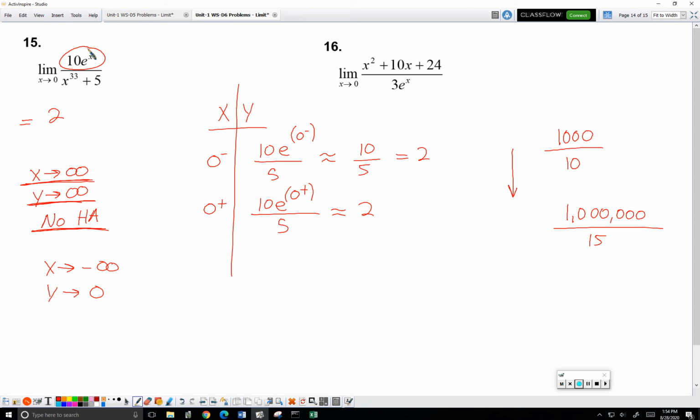So they actually overwhelm the 5. So the top's really close to 0, the bottom's really negative. Who cares? If the top's close to 0, the whole thing is headed towards 0. So this one has a horizontal asymptote of y equals 0.